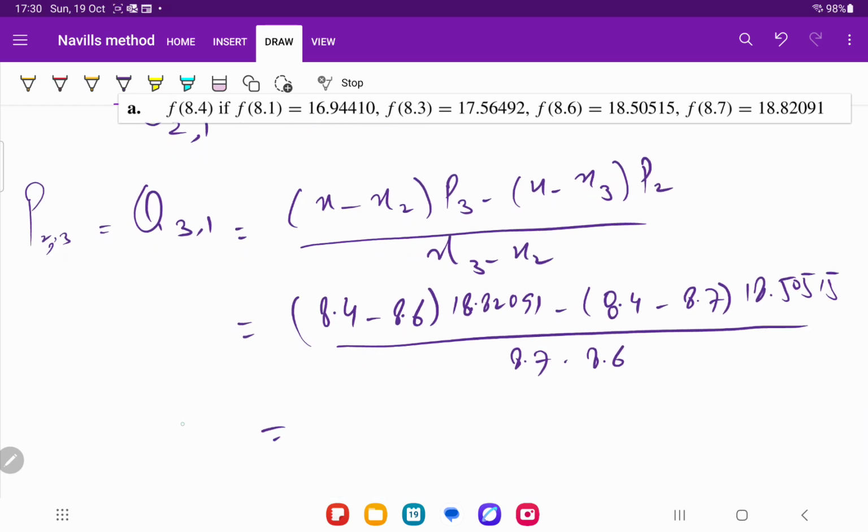Okay, so that is Q31, or P23. What is the answer?